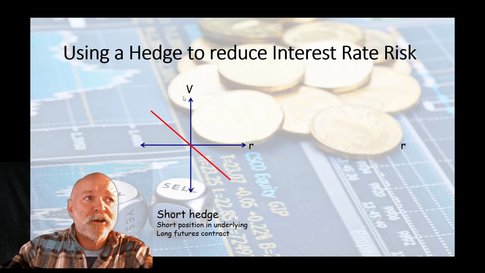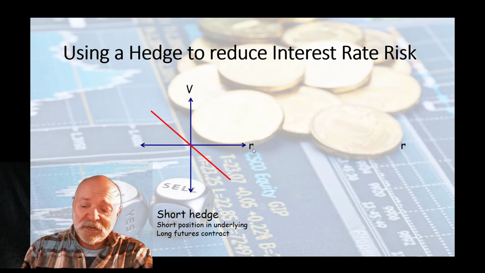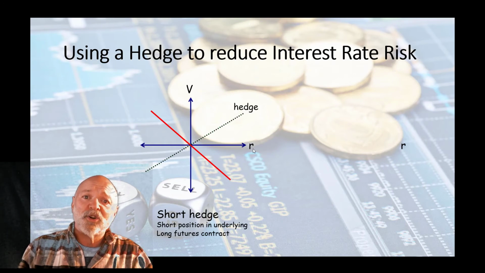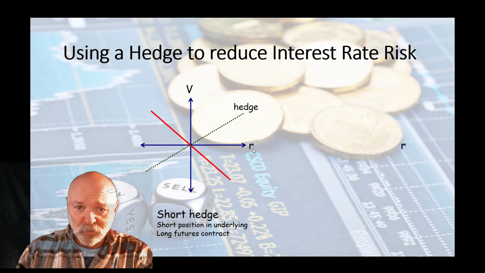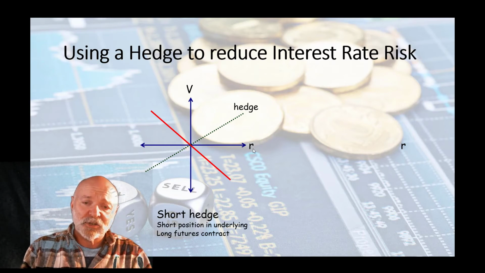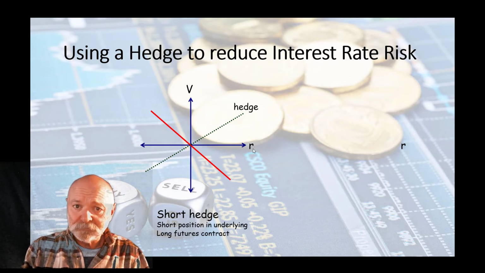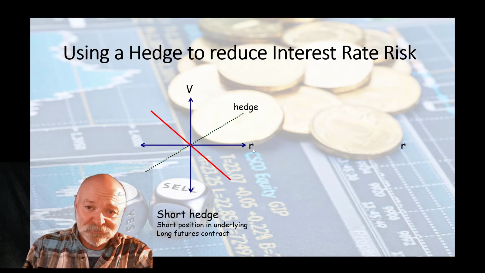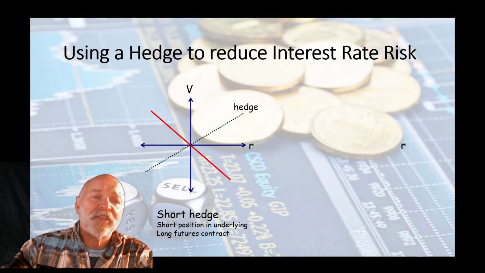So we have the payoff, or the value from the instrument, on the vertical axis, and across the bottom axis, we have the interest rate. Now, the way that we can hedge this is to buy a futures contract. Go long in whatever the interest rate contract is. So if we go long in 180-day or 3-year or 5-year government bonds, that would be our hedge.